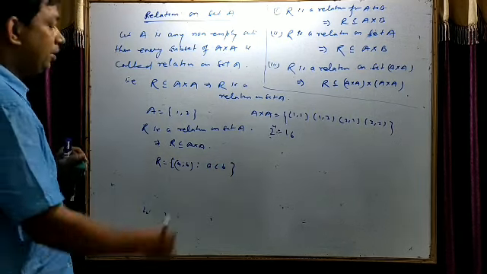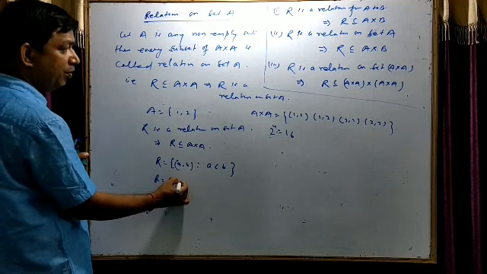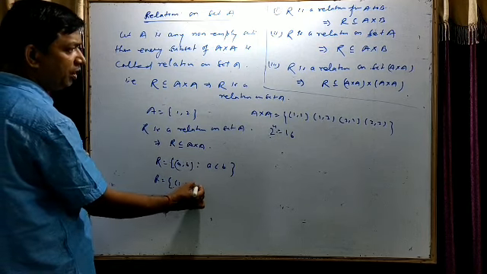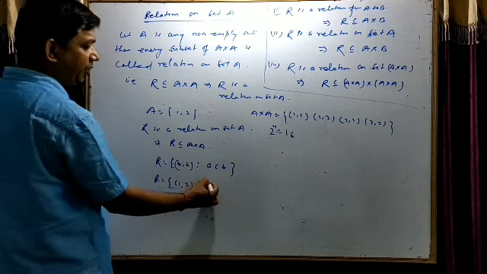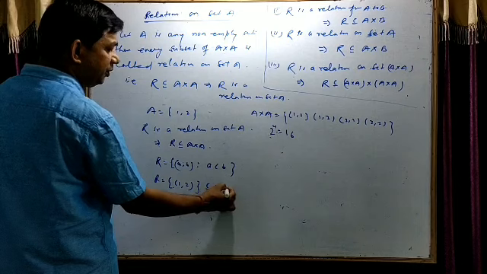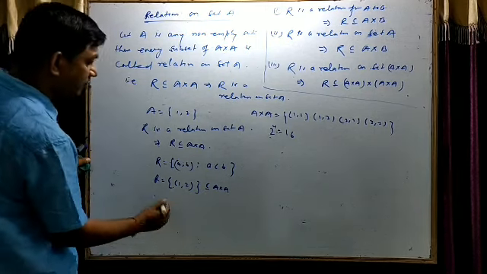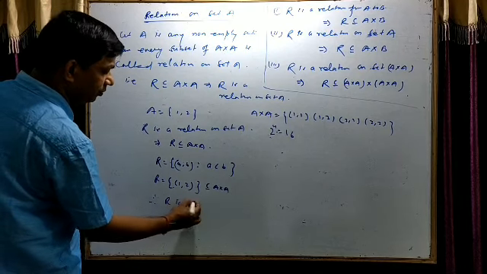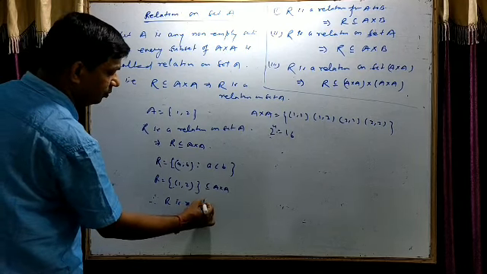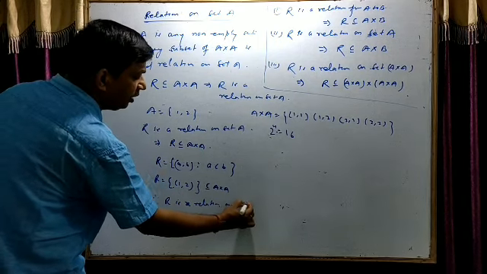Now from there, the value of R is (1, 2) and nothing else, only (1, 2). So this is a subset of A cross A. That means this R is a relation on set A.